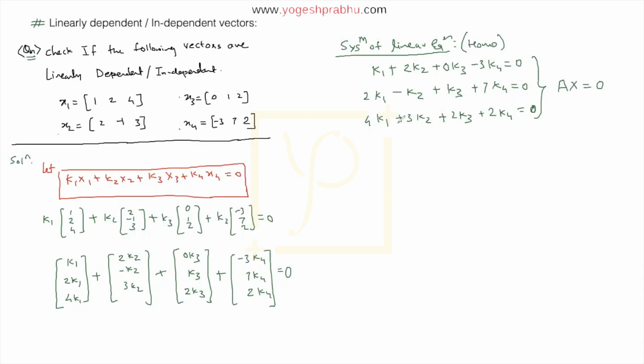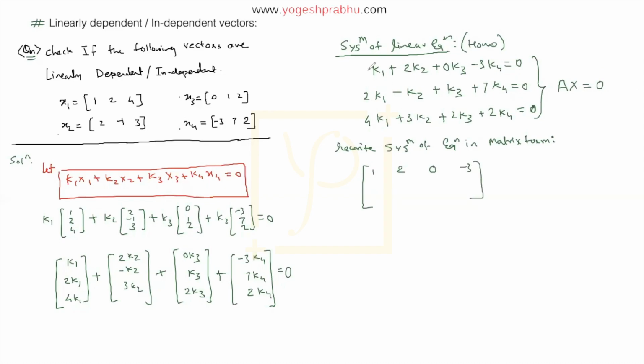Now we will write down this system of equations again in matrix form. So let me rewrite the system of equations in matrix form, which goes like this. This is 1, 2, 0, minus 3.